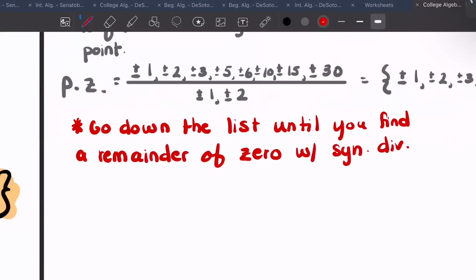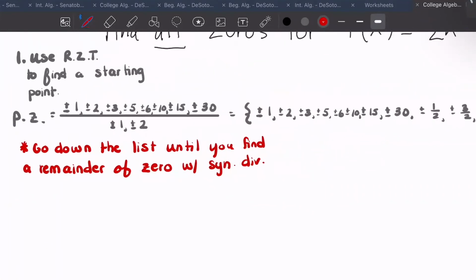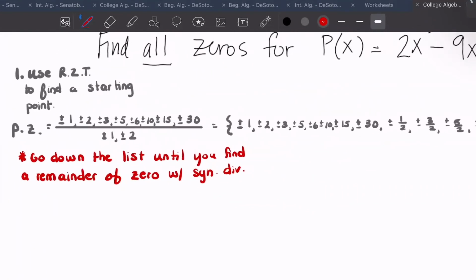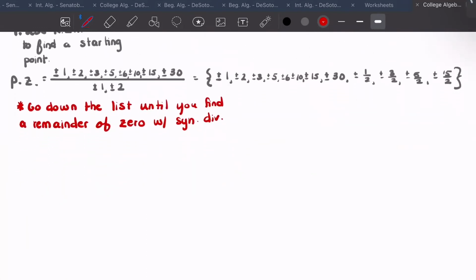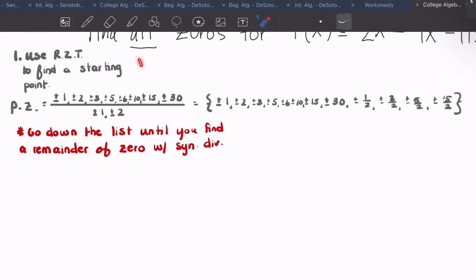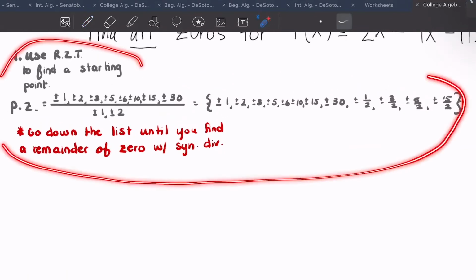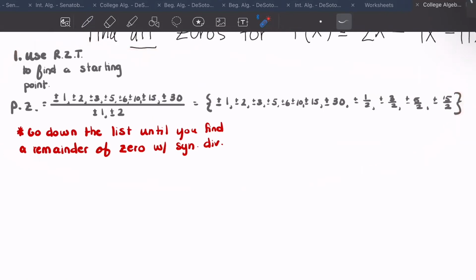In the other problems, when I did give you the hint, do you see why we didn't have to use this part? Because I gave you the first zero. Here you have to find it.